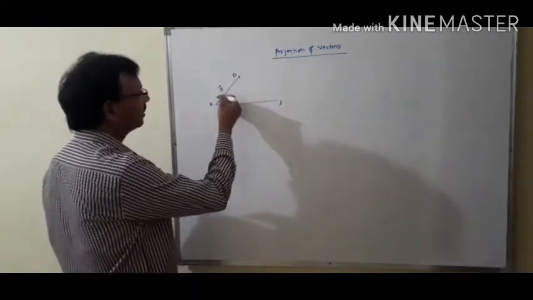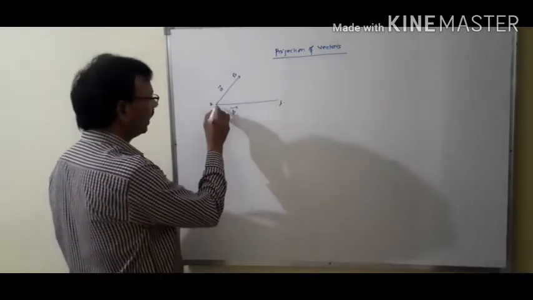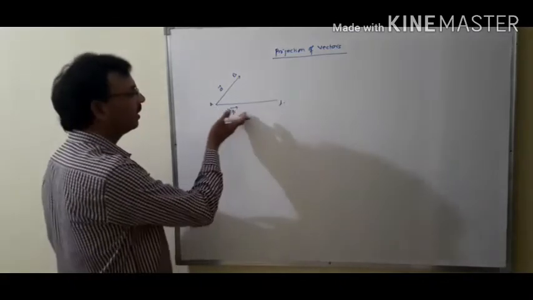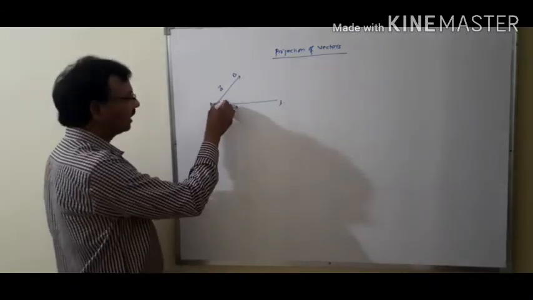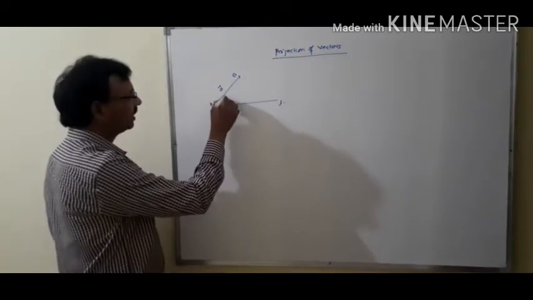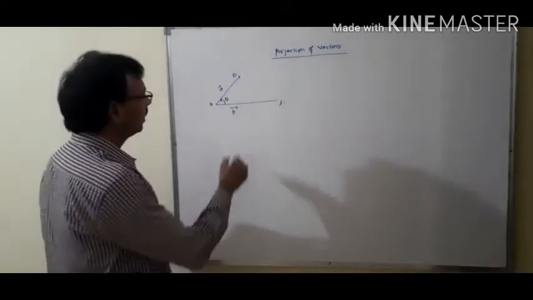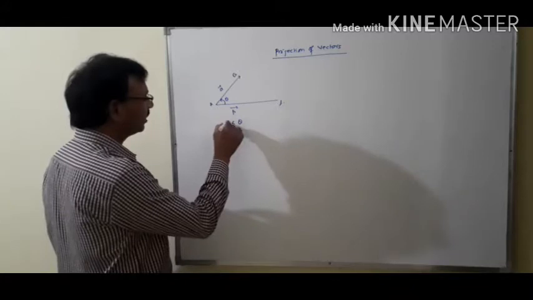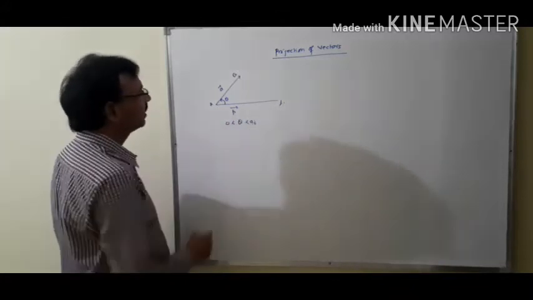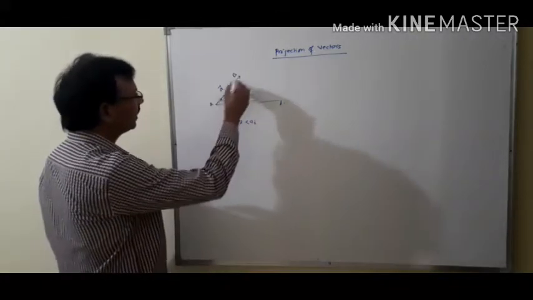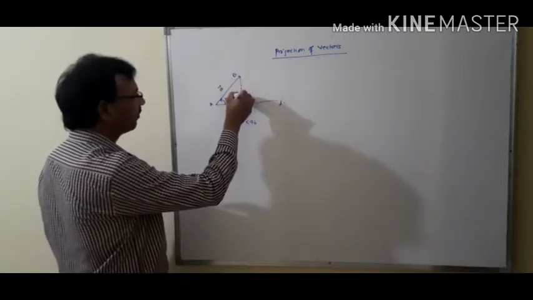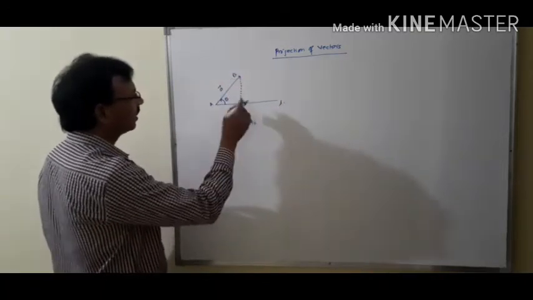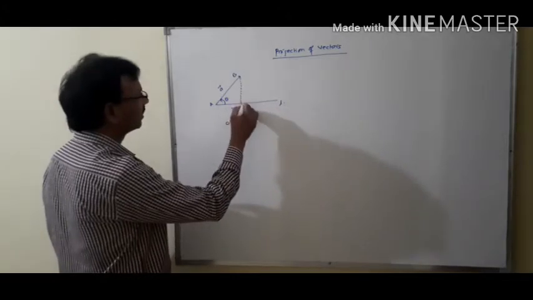If this line makes an angle with the L line in the positive direction, that means in the anti-clockwise direction, theta, where theta is greater than 0 but less than 90 degree, then projection of AB on line L is denoted by AC.